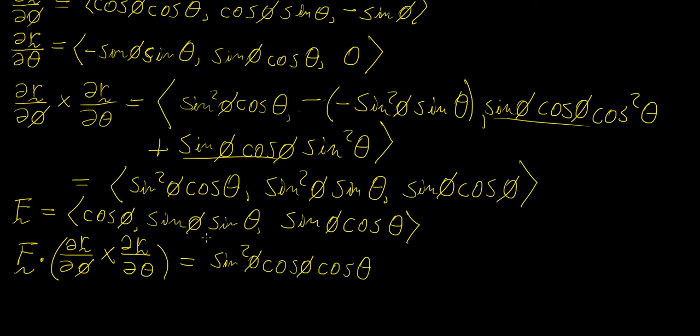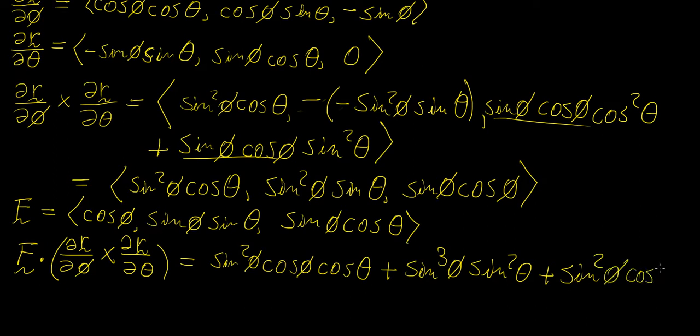Now we have this times that, which is going to be, okay, let's see, plus sine cubed phi sine squared theta. And then we're going to have this times that, so that's going to be plus sine squared phi cosine phi times cosine theta.